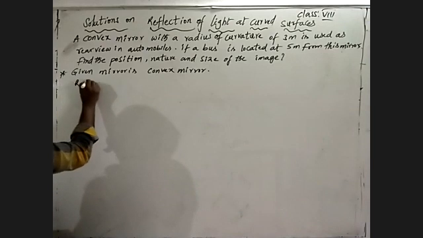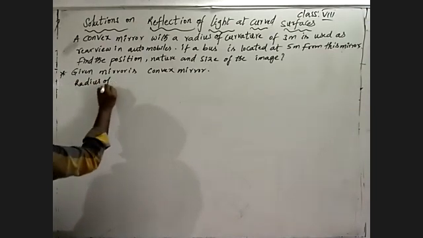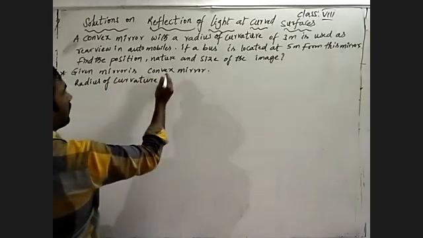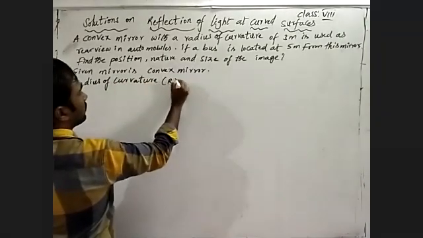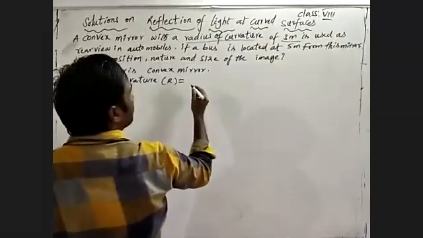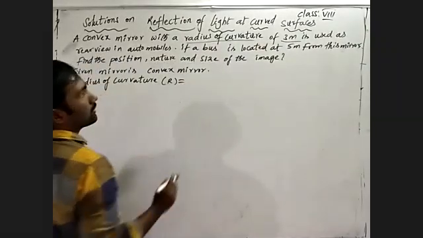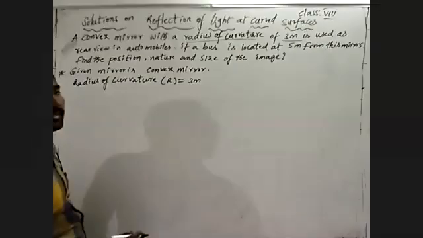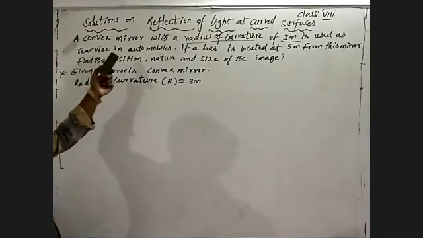Radius of curvature of a convex mirror is how much? 3 meter. It is used as a rear view mirror in automobiles.